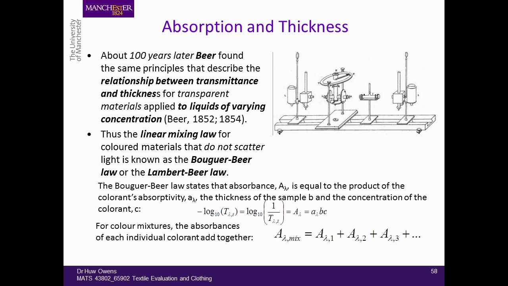You might have seen either of those representations. So c is concentration, b is path length, and ε is the extinction coefficient, sometimes known as unit absorptivity.